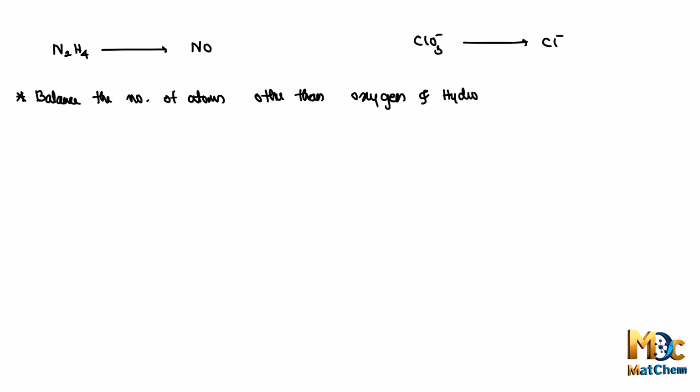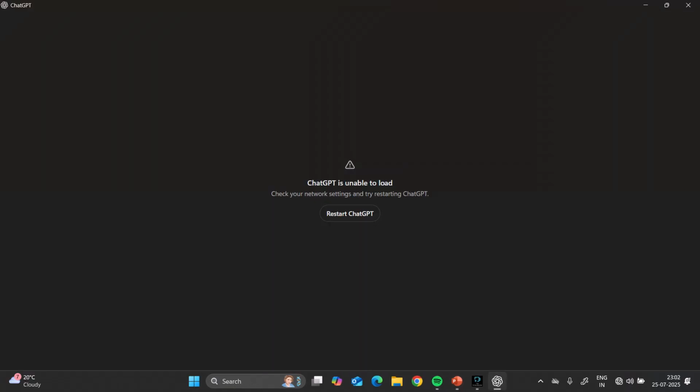Other than oxygen and hydrogen, we have nitrogen here. You can see that we have 2 nitrogen on the left, but on the right hand side there is only 1 nitrogen, so you can add 2 NO. But in ClO3 minus giving Cl minus, there is only 1 chlorine on the left hand side as well as 1 chlorine on the right hand side. So no need to balance anything.